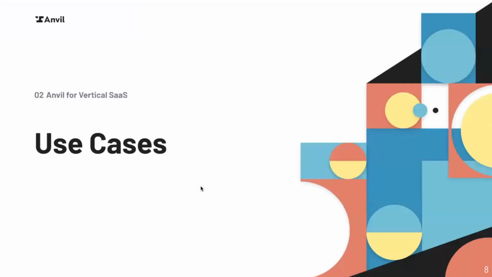Cool. So that was a quick, very high-level overview of Anvil. I promise it'll make a lot more sense when I jump into the demo and you can actually see it live. But we're going to switch over to use cases really quick and just going to highlight a couple of our customers as well as potential use cases that we see.